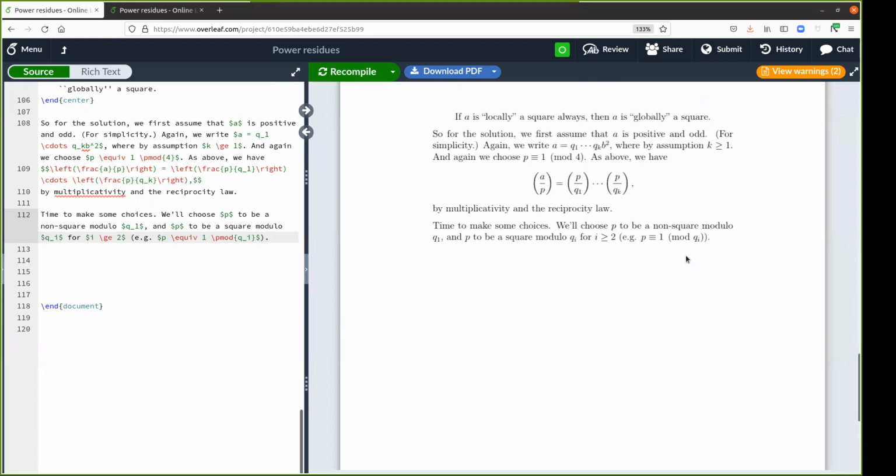And then we can combine these conditions by the Chinese remainder theorem. And then we just use Dirichlet's theorem. Do you know any proof which avoids this theorem? I won't be proving that today, so we'll take that for granted.